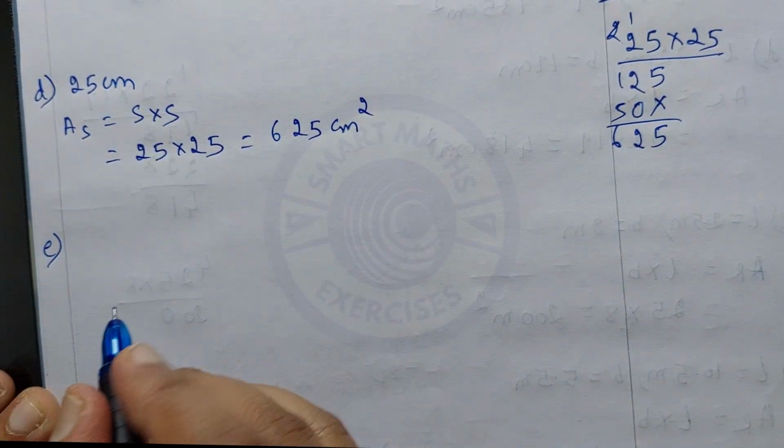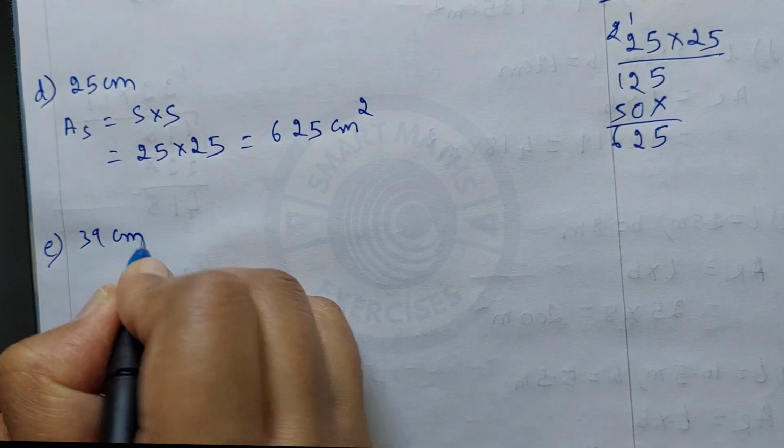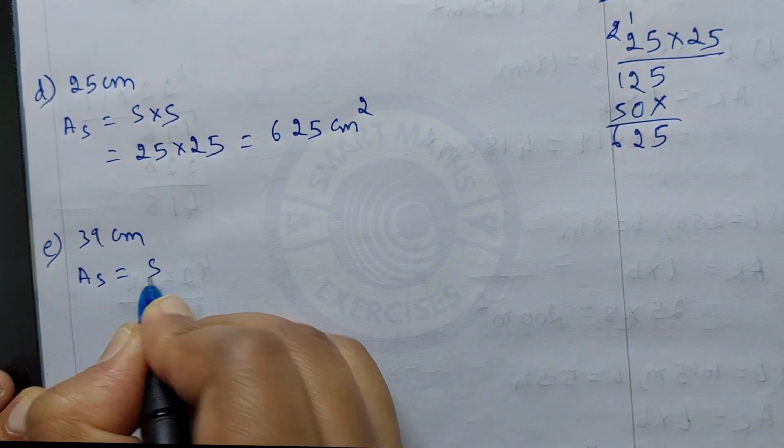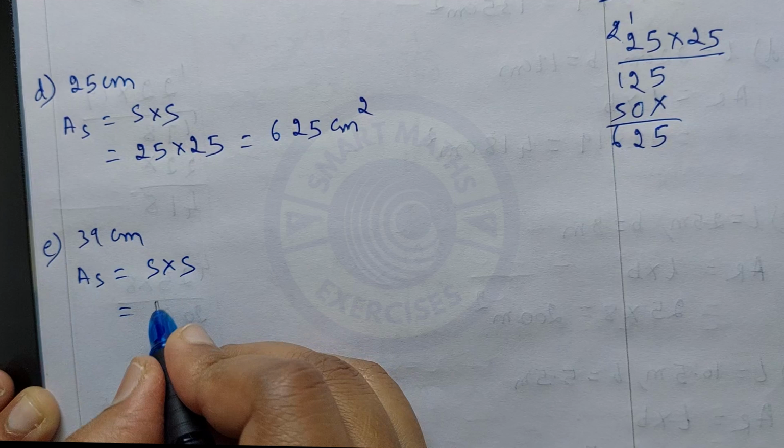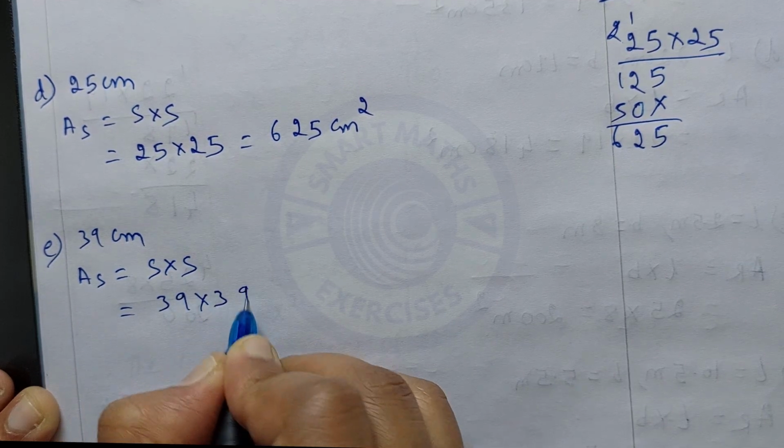Next question E. 39 centimeter. Area of square equals side into side. 39 into 39.